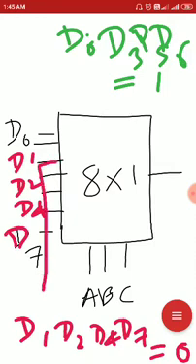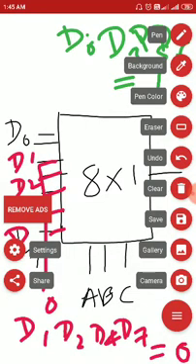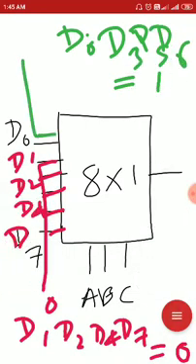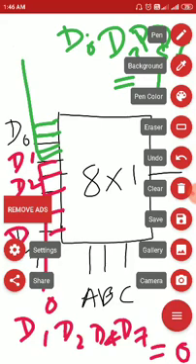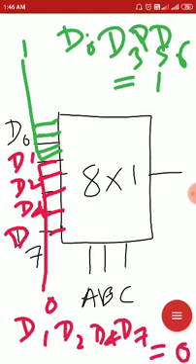So these lines are all connected to logic 0, and the remaining lines, that is D0, D3, D5 and D6. This line will be connected to logic 1. So this will be the implementation of the function using a 8:1 mux.